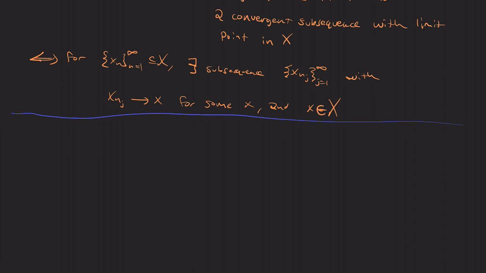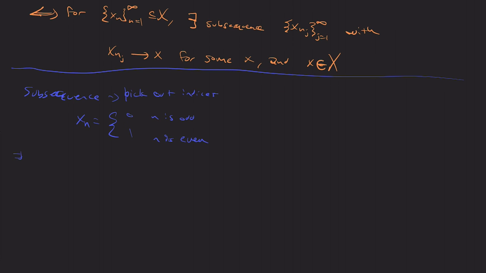A subsequence is where you pick out indices. So let's say that x_n is 0 when n is odd, and 1 when n is even.